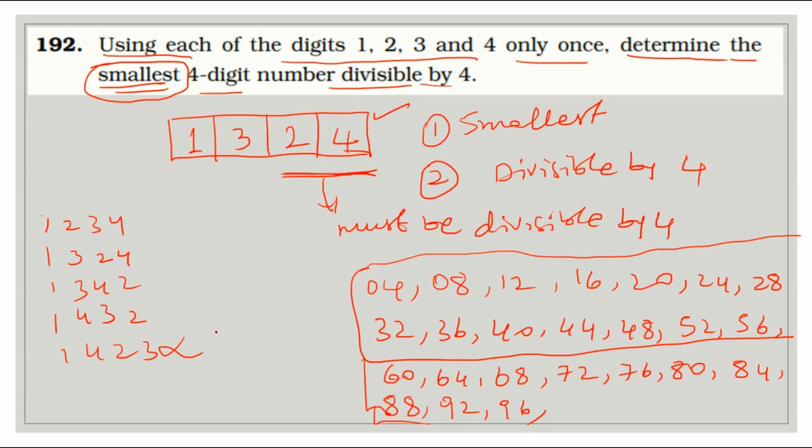This is not at all divisible. Here, this is not divisible. Though it is divisible, this is not divisible. This is not divisible. Though these two are divisible, among them which is smallest? 1324. Therefore the right answer is 1324. So if you say smallest, there is a clarity.